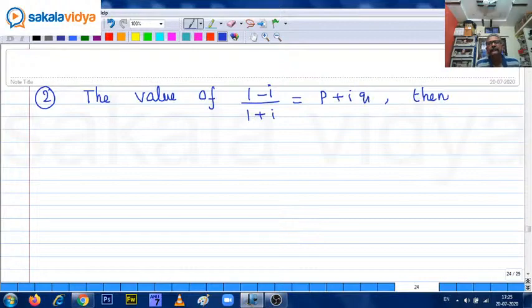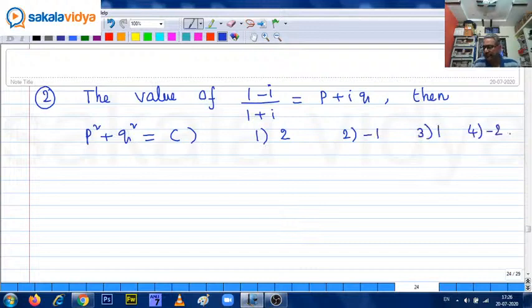Then p square plus q square equals: first option 2, second option -1, third option 1, fourth option -2. You try this question, all of you. I want the solution now.